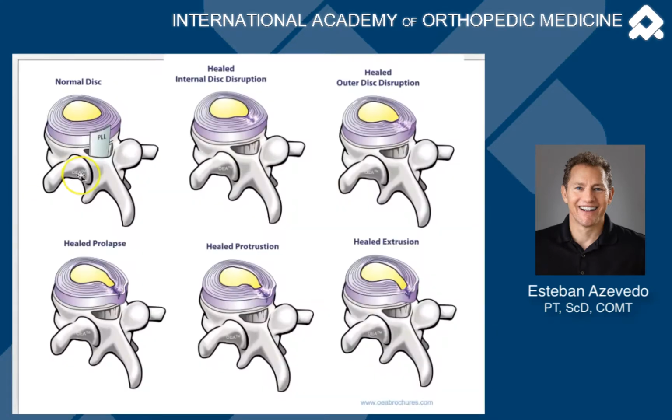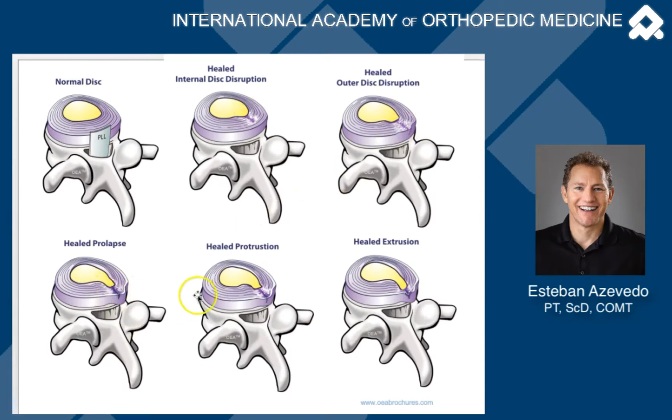But here's those pictures we saw earlier. And here I had my artist, Stan, say, can you draw me a picture of a healed disc? He said, great, send me a picture of it, I'll draw it. I said, there aren't any that I know of. He said, all right, let's figure it out. So I don't know what they really look like, but we speculated that they look like a disc that had been torn that is scarred over. So here's the outer disc disruption, a little bigger, scarring.